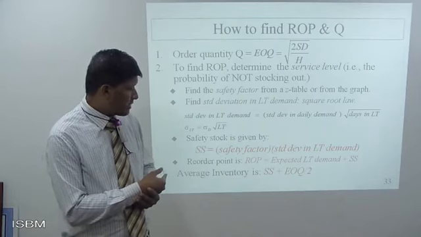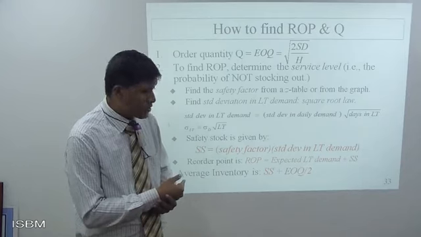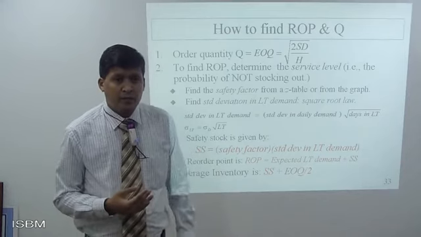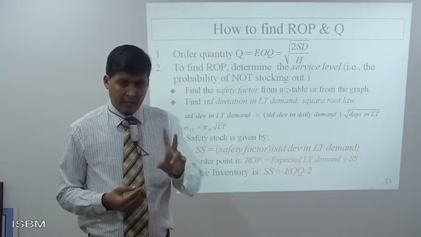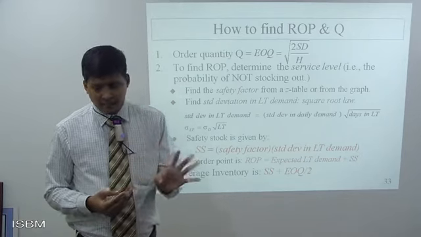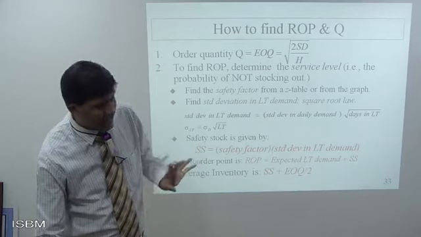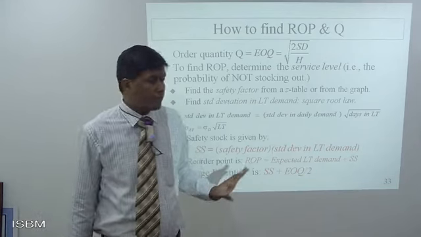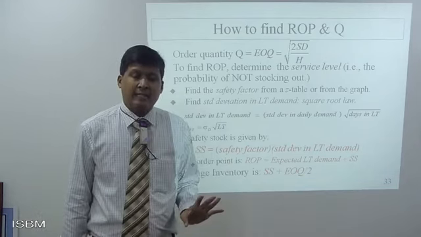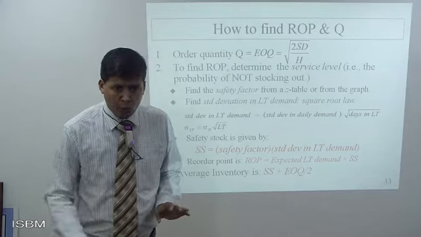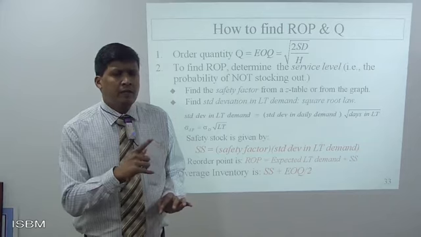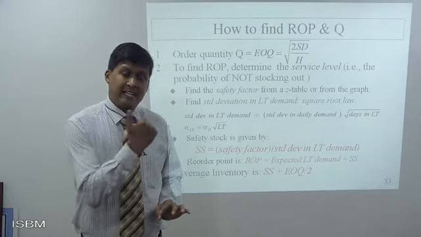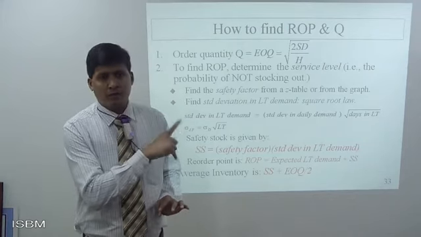The average inventory is equal to safety stock plus EOQ divided by 2. So we are going to factor in two elements, the economic order quantity and the safety stock. Friends, there are a lot of numerics involved in it. Don't be boggled by that. We are interested in the calculation. We need not be mathematicians to understand it, but this comes from research.